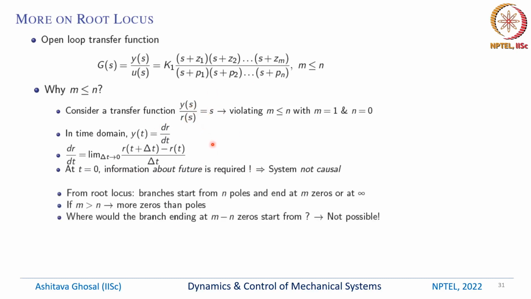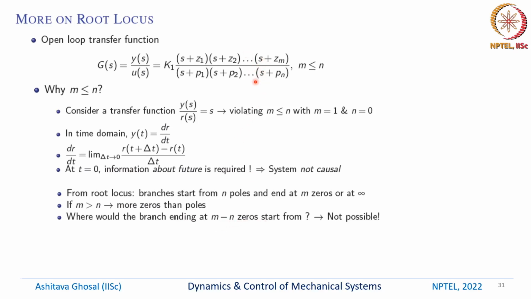We can also look at it in terms of the root locus. We know from root locus that the branches start at n poles and end at m zeros, or at infinity. If m is greater than n, so the number of zeros is more than the number of poles, then what would happen to the branch ending at the extra m minus n zeros?